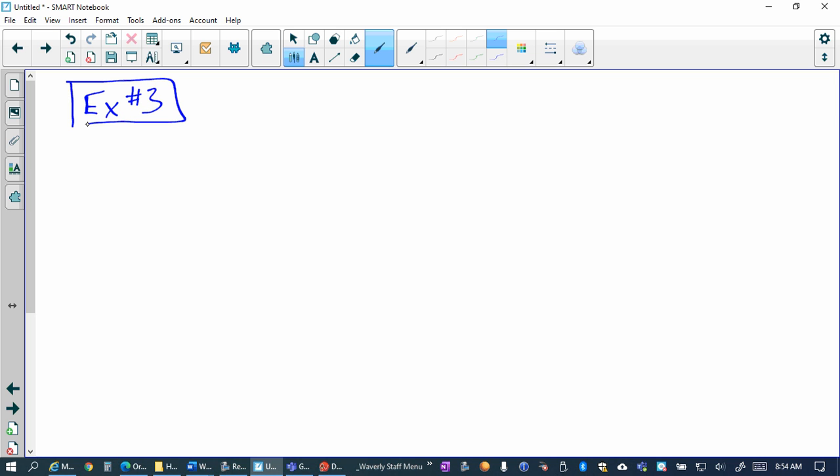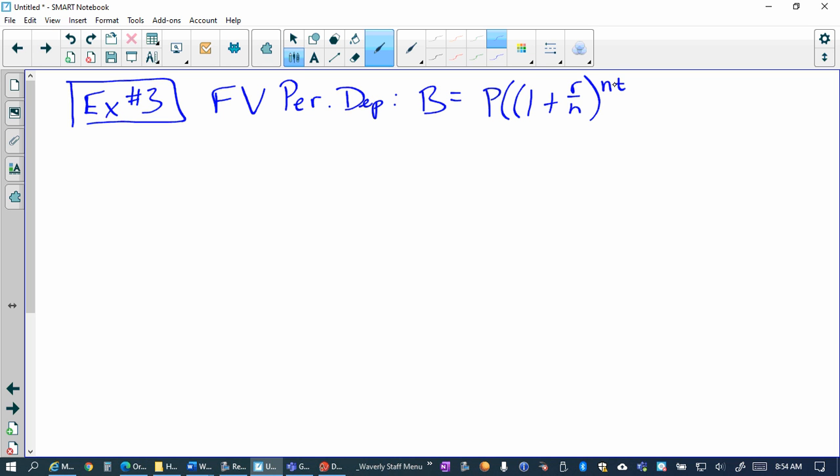So we are going to need our formula for the future value of a periodic deposit, right, and that's B equals the monthly payment, or periodic payment, of 1 plus r over n to the nt minus 1, that whole thing over r over n.